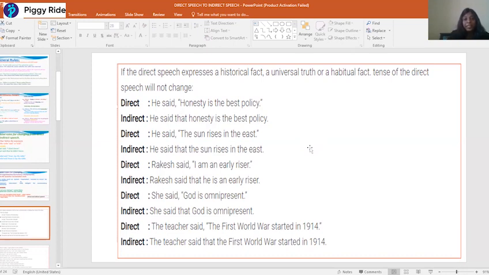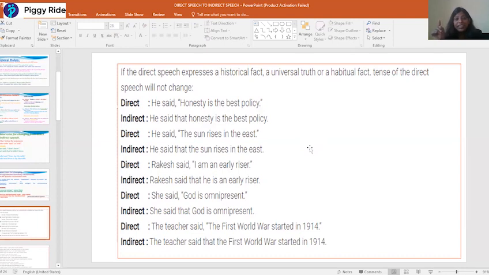Rakesh said that he is an early riser, full stop. She said, comma, open speech mark, "God is omnipresent," full stop. She said that God is omnipresent, full stop. The next example: The teacher said, comma, "The First World War started in 1914," full stop, close inverted comma.